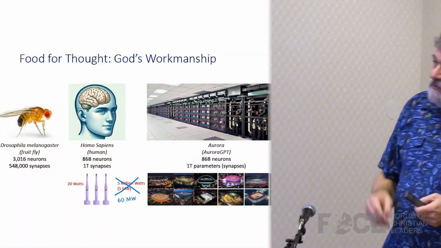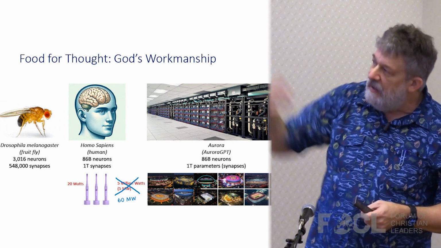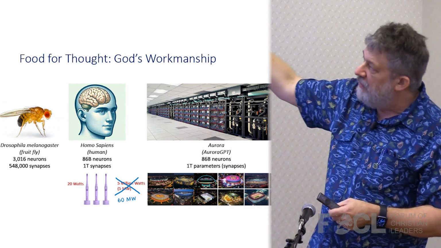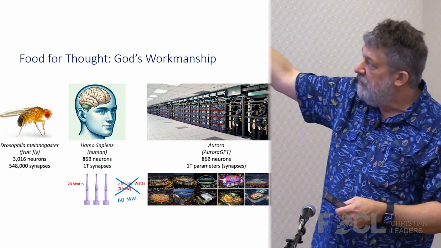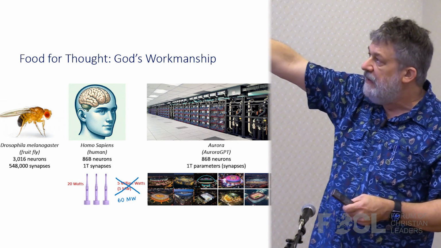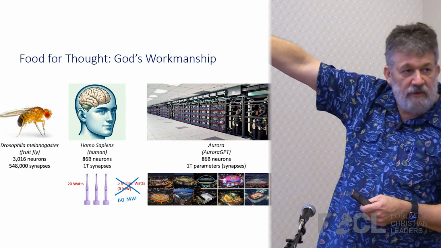I showed you this fruit fly, 3,000 neurons, and a person, 86 billion neurons. This is one of about 20 rows of computer equipment that we have where I work at Argonne National Laboratory. In terms of AI capability, it's the most powerful computer in the world.